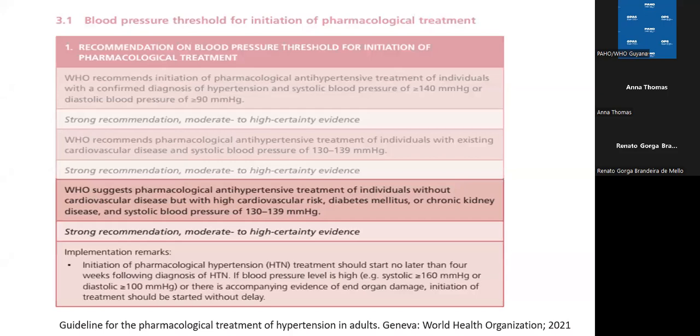So, if a patient has a high cardiovascular risk, the threshold is lower as well. And most older patients have high cardiovascular risks. So we have to pay attention to this.